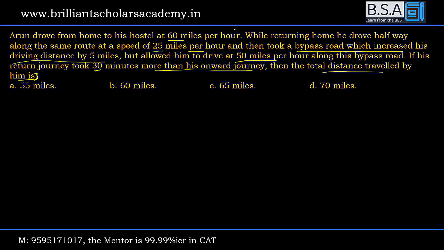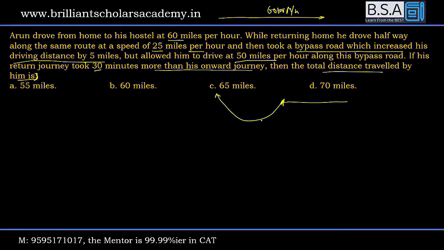So when I listen to such kind of language in CAT, a person goes forward in one go at 60 miles per hour, not to worry about the units. Second time when he returns, he is traveling half of the way on the same road. Then he takes a new route.